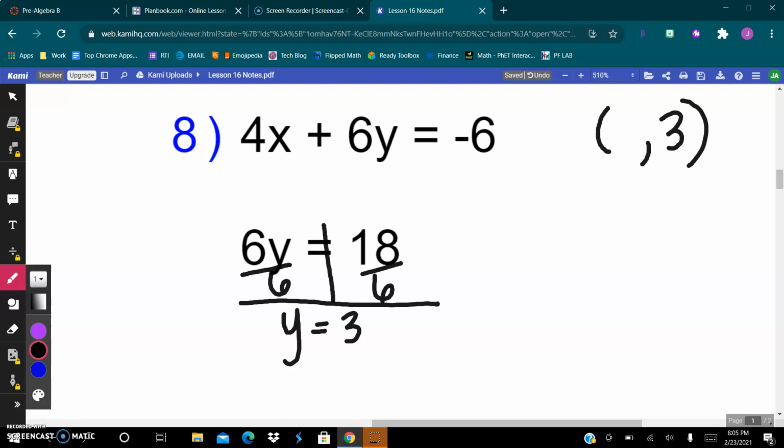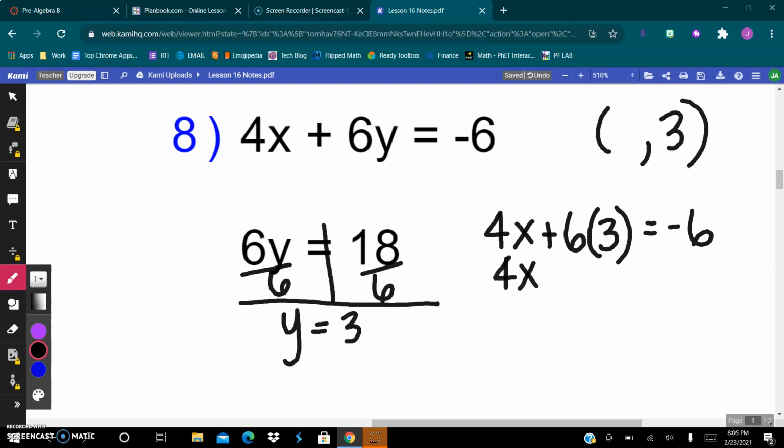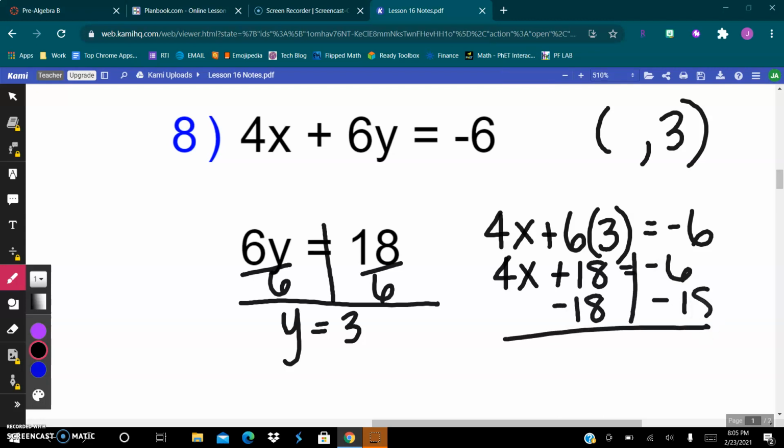Now I have to take that y and that 3 and plug it in for y in the other equation. So I'm going to have 4x plus 6 times 3 equals negative 6. And I'm going to simplify. So 4x plus 18 equals negative 6. And now I can solve. So I'm going to minus 18.